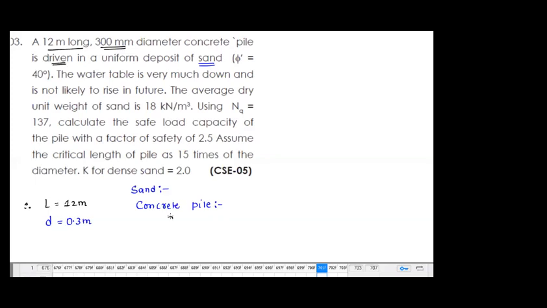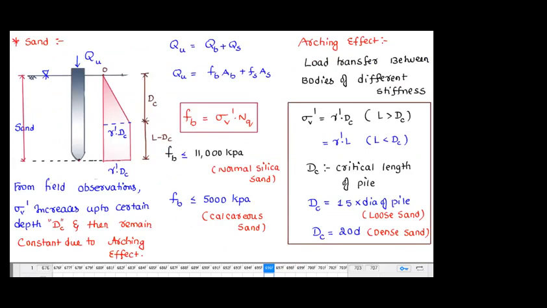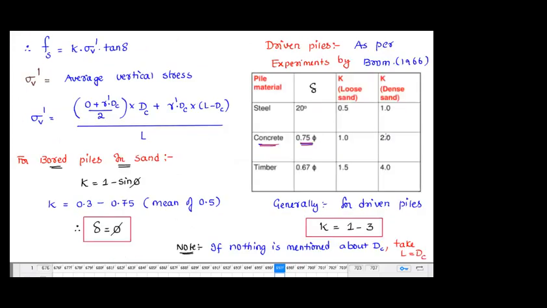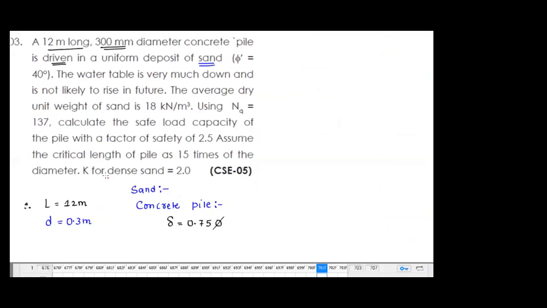If it is a driven pile, we know that delta is equal to 0.75 times phi. I have already mentioned those values, right? So please observe, I gave you the K value. If it is a dense sand, what is the K value? 2. Already they have given the K value for the dense sand as 2, because the given soil is dense sand.